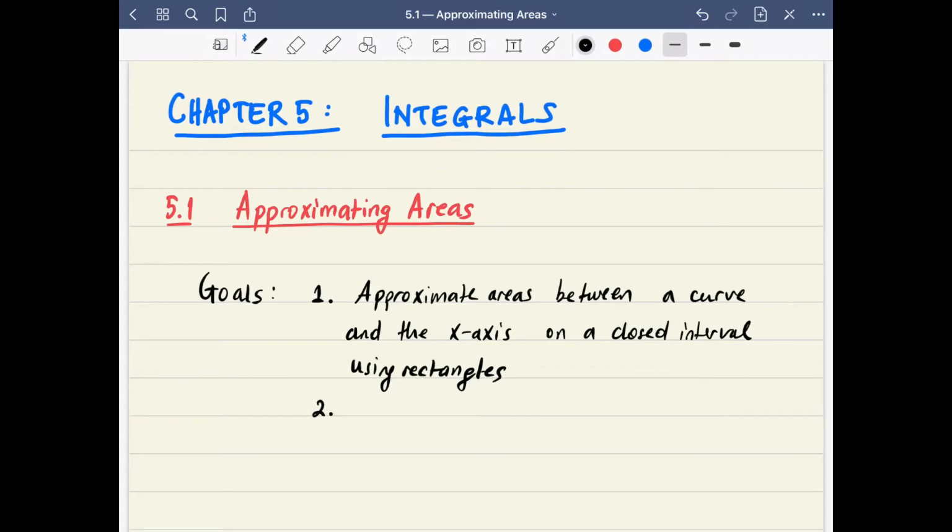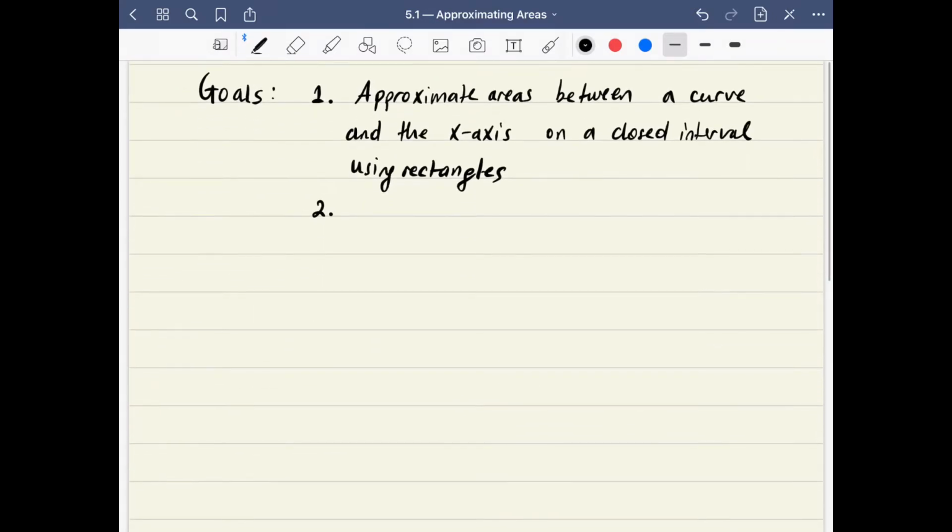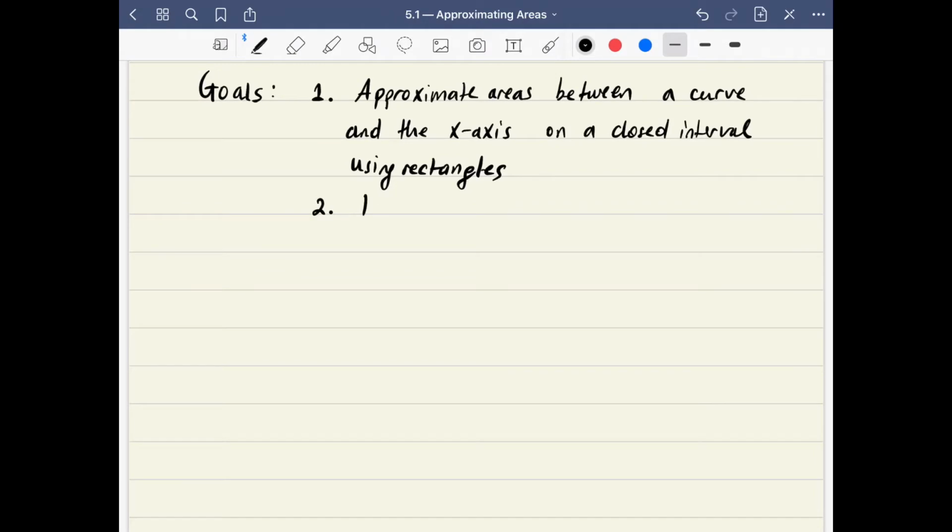And secondly, we will also introduce Riemann sums. So this is a sigma notation sum. So let me also write sigma notation.